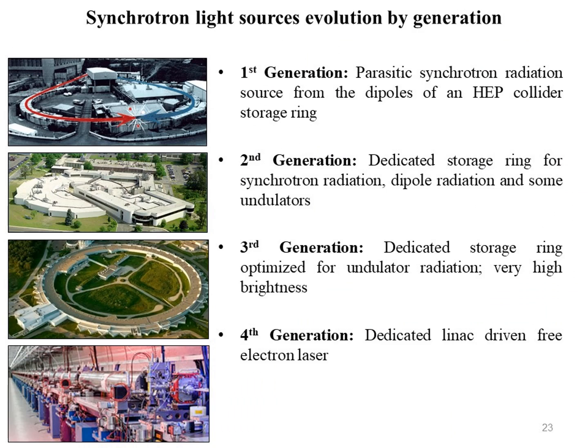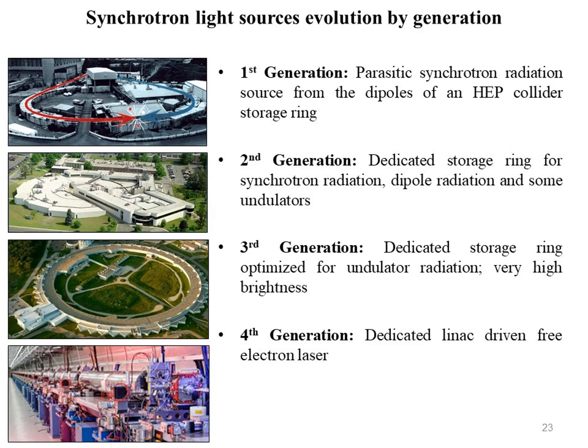Now we discuss different generations of synchrotron light sources. First generation: parasitic synchrotron radiation source from the dipole of an HEP collider storage ring.